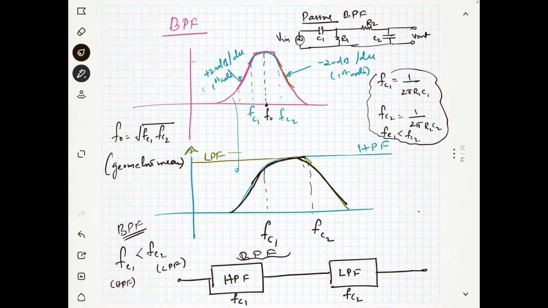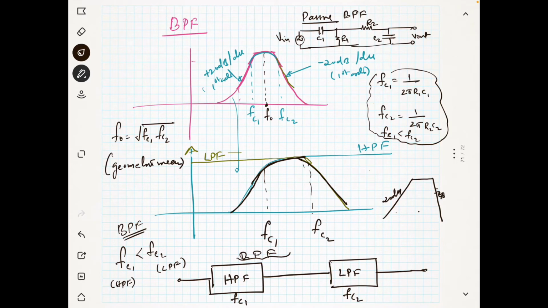Why am I taking the geometric mean? For example, if your high pass filter is second order and your low pass filter is first order, then the response will be something like this. This becomes 20 dB per decade slope, and this becomes minus 40 dB per decade.